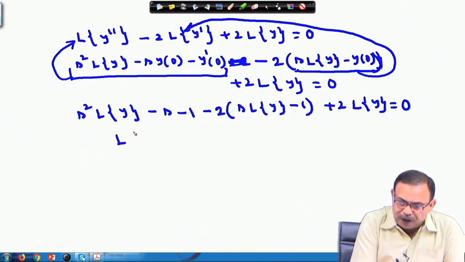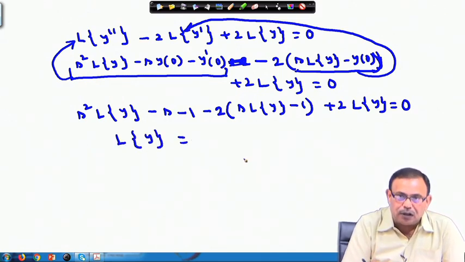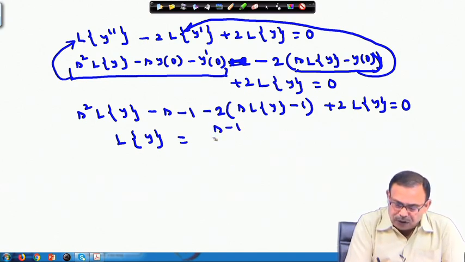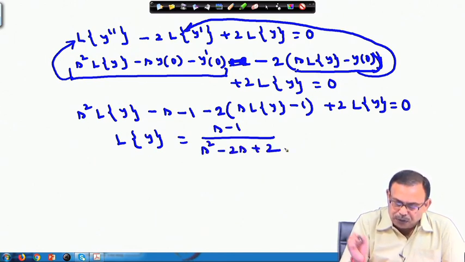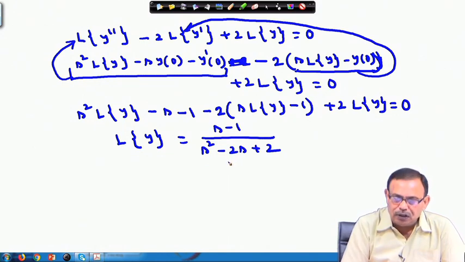If I simplify this, I can obtain Laplace transform of y in terms of a function of s only. You will see it is s minus 1 by s square minus twice s plus 2. So, Laplace transform of y equals s minus 1 by s square minus twice s plus 2.